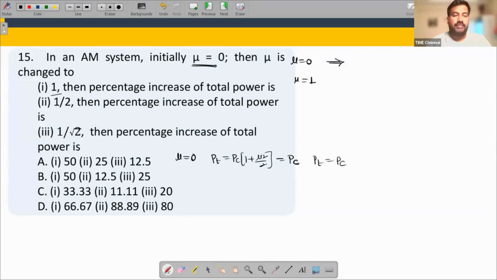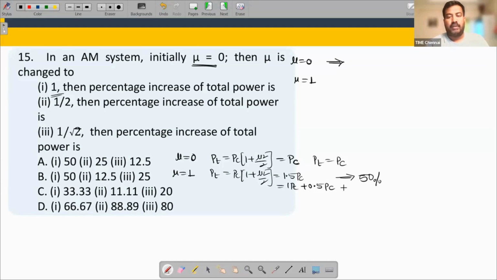Now, mu is changed from 0 to 1. PT is equal to PC into 1 plus mu square by 2. That is 1.5 PC. So now it increased by 50%. Because this is 1 PC plus 0.5 PC. It increased by 50%.